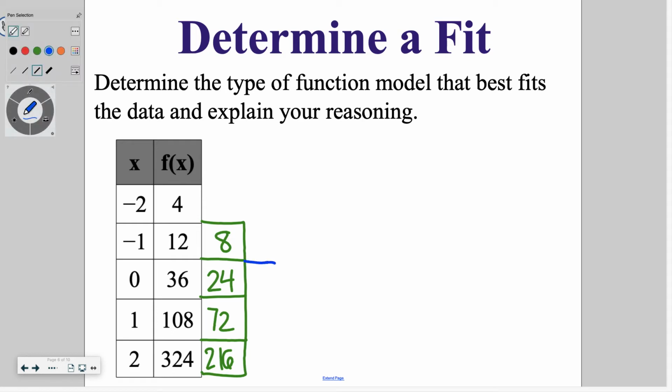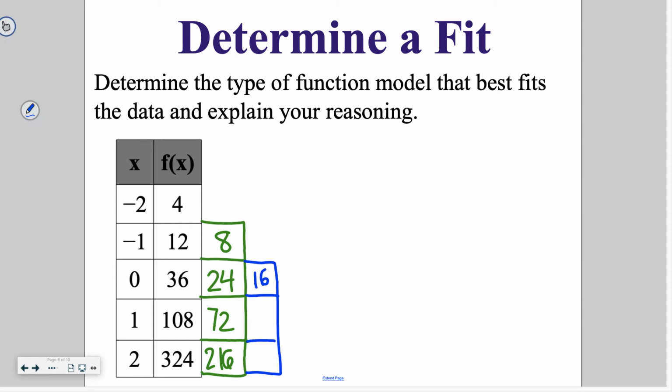Then I'm going to go ahead and check my second differences. To get from 8 to 24, 16, 24 to 72 is 48, and 72 to 216 is 144. Again, those don't match, so it is not a quadratic function.